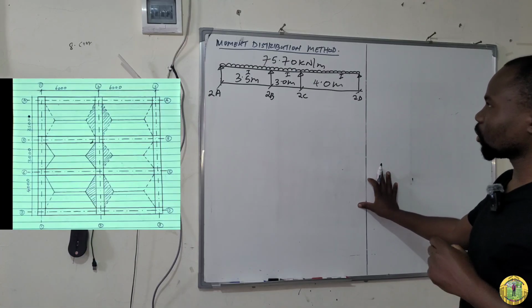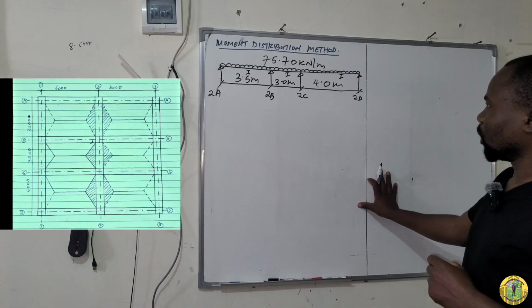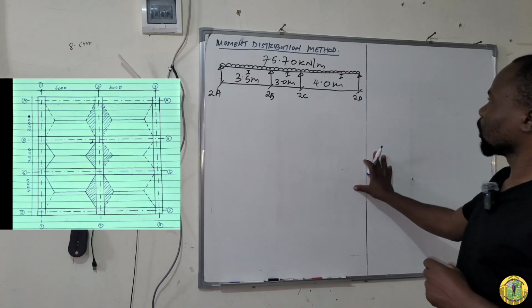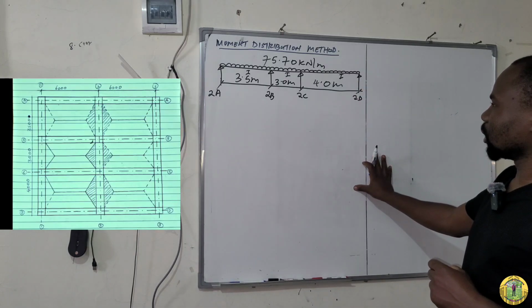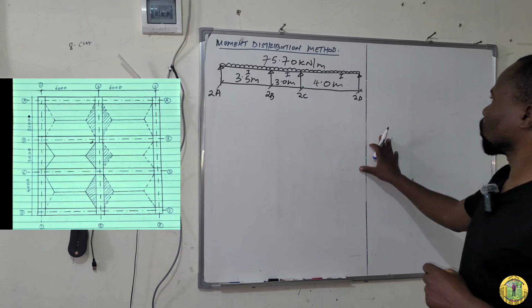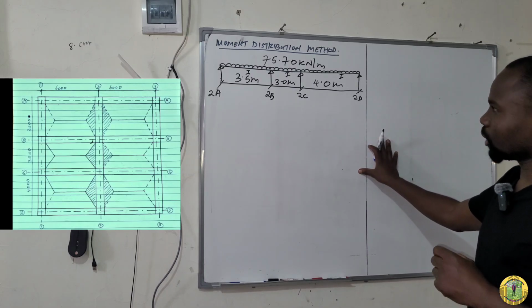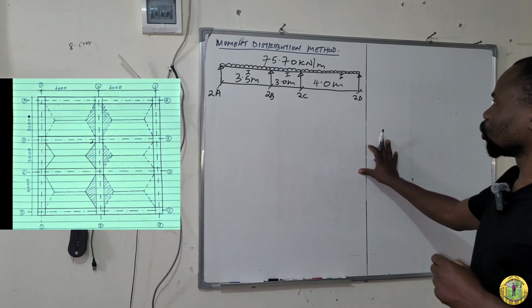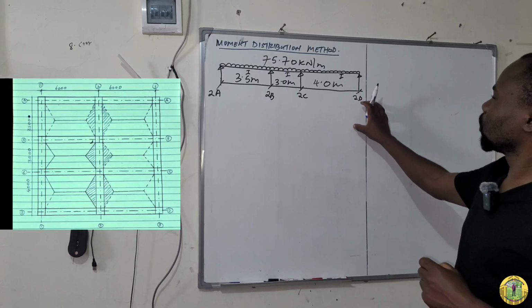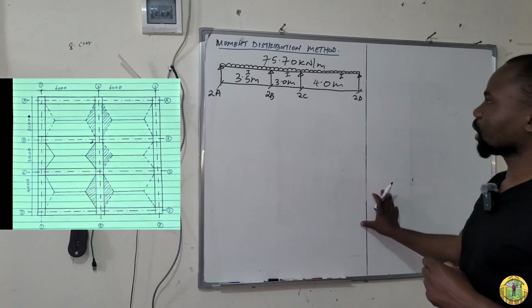As I have said, the Eurocode allows us to use a constant I if the variation is too small.